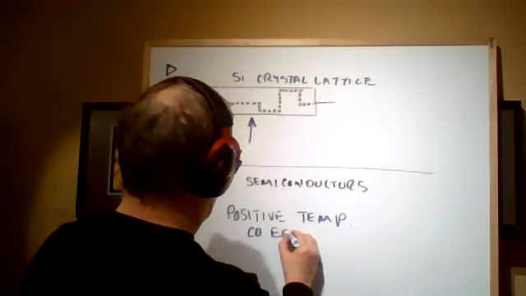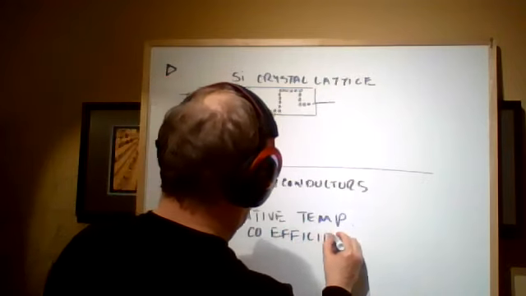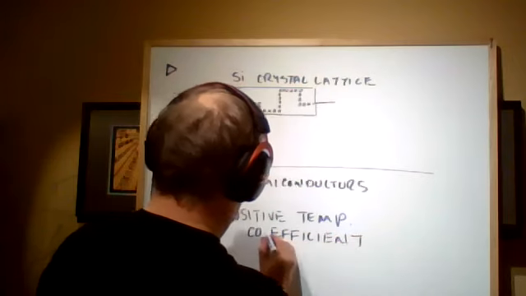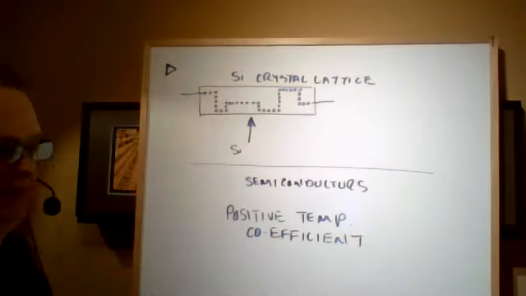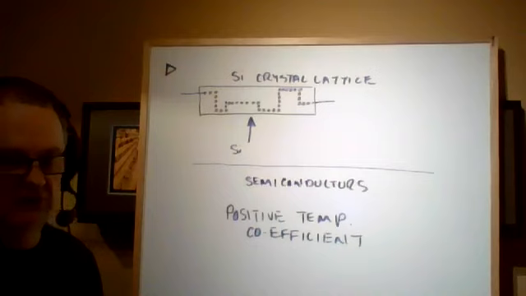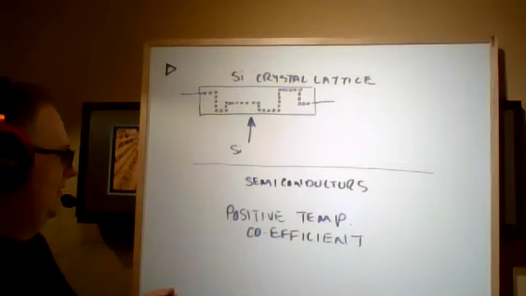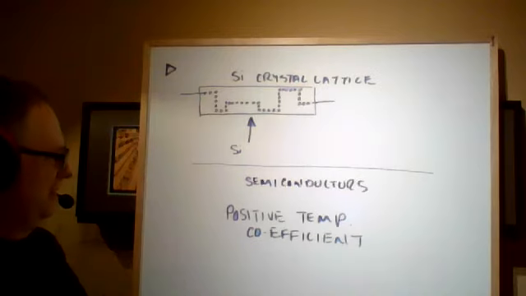We just talked about the coefficient a little earlier when we looked at copper. The coefficient of copper, of course, is a negative coefficient. Now with semiconductors, it's positive.